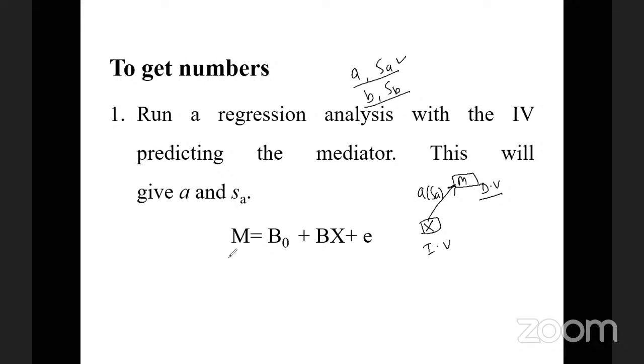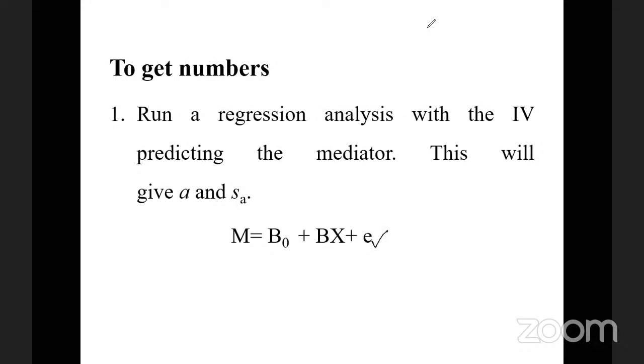We use two equations, M and X. M means the mediator variable and X means the independent variable. In this equation, E means the error term.